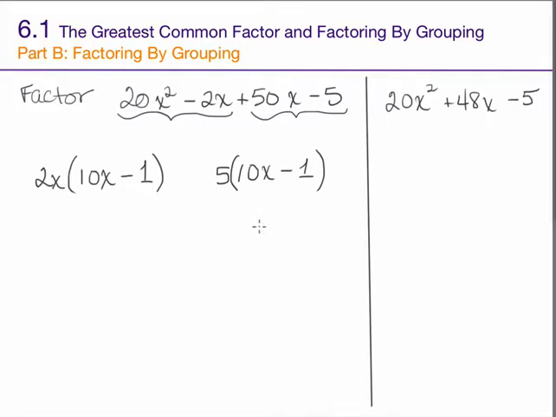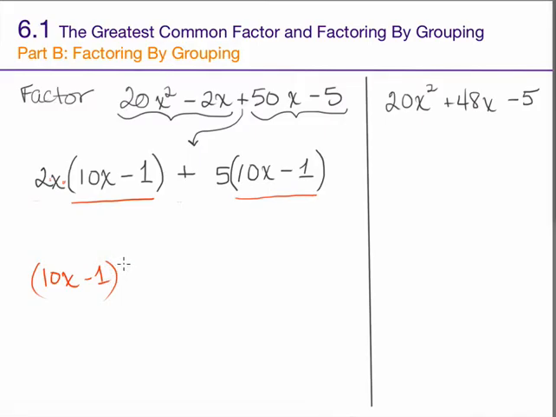When you're factoring by grouping, at this point, you should be able to see, as you're building this one, that you want it to look just like this one, because the next step is going to be to write the greatest common factor of these two terms. And in this case, that's 10x minus 1. That's what these two terms have in common.